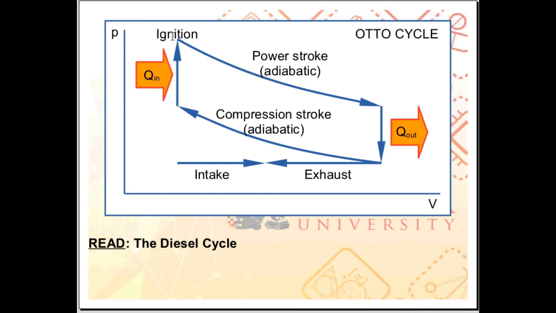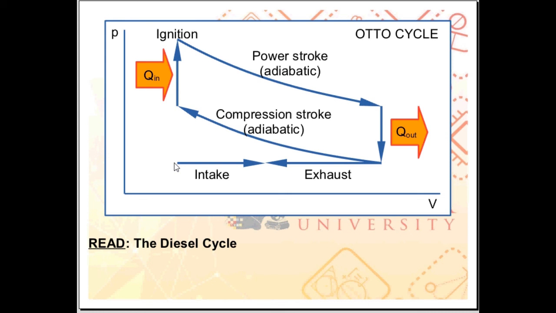The air fuel mixture, as it combusts, expands, pushing the piston, so increasing the volume in the chamber of the piston system. Again, an adiabatic process. And then the excess heat QC or Q out is discarded, as well as the exhaust, what remains of the air fuel mixture after combustion.